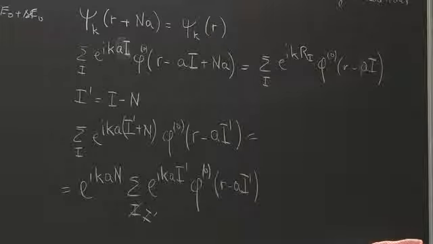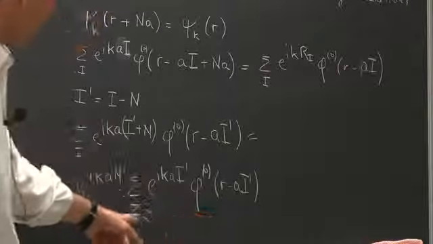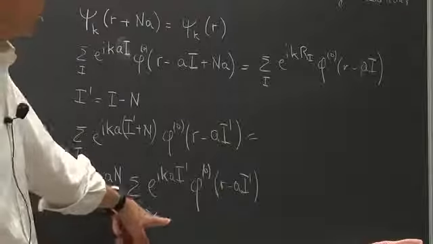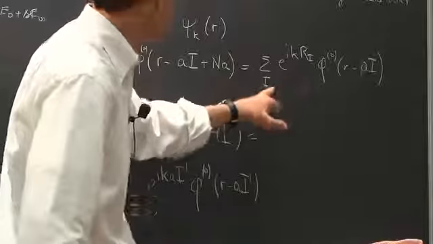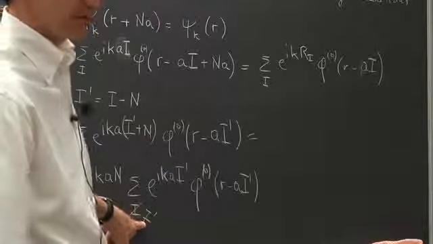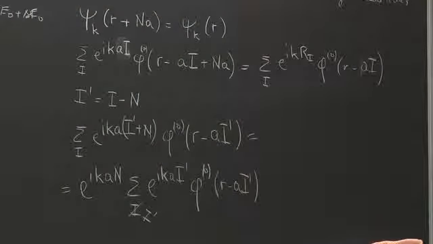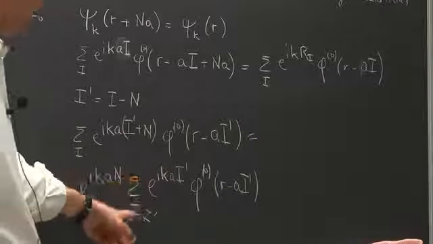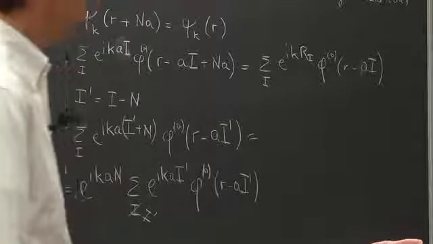There's no difference. I'm just changing the origin of my index. But this object now, with i', is identical to the right-hand side. The only difference is that the index is called in a different way. A running index I can give any name I like, as long as it runs over the same range of values, minus infinity to plus infinity. So this object is the same as the right-hand side.